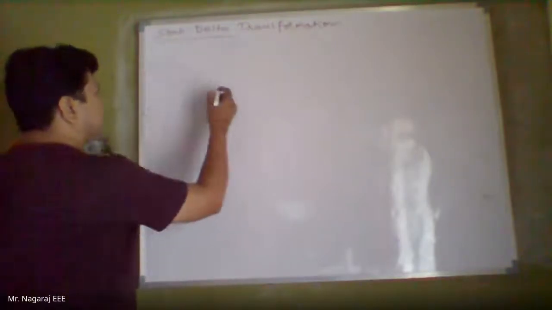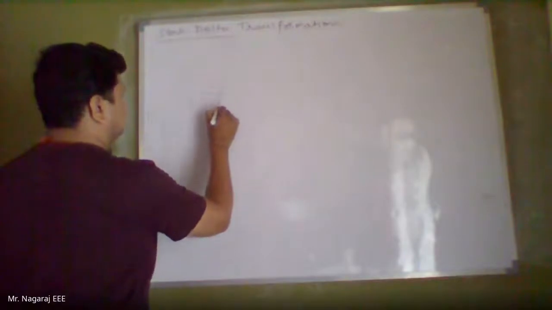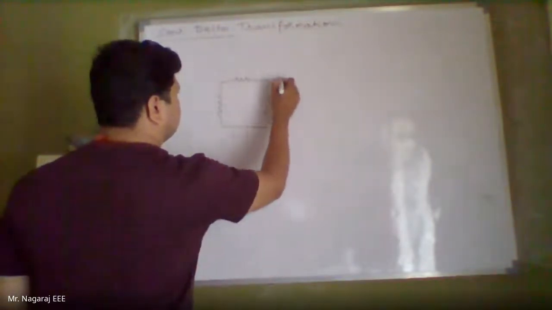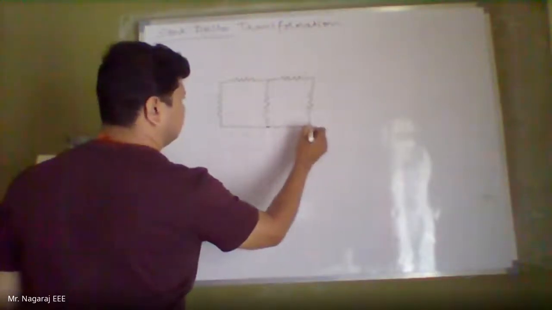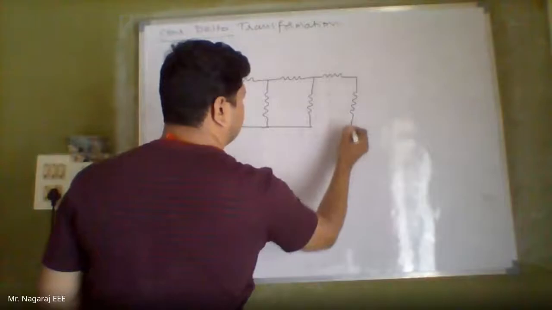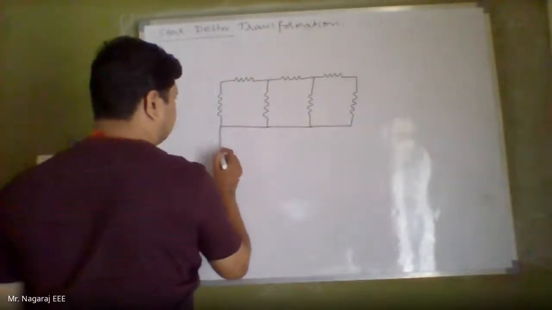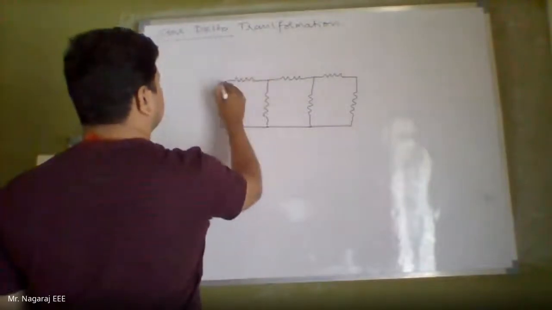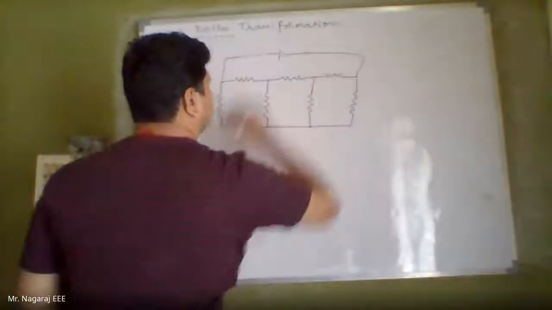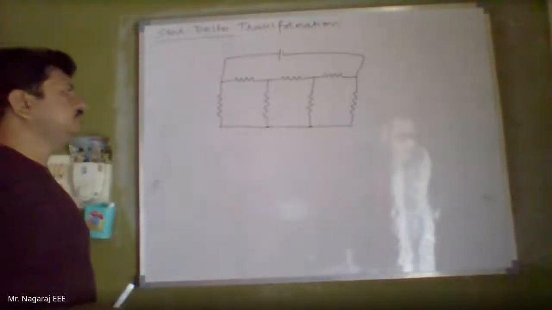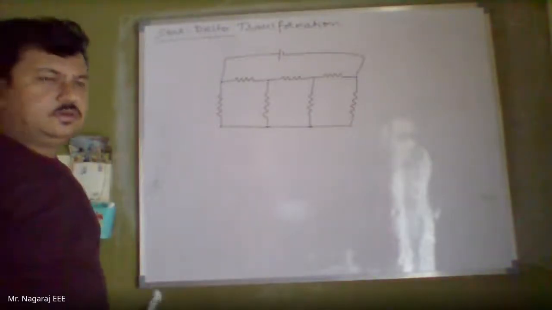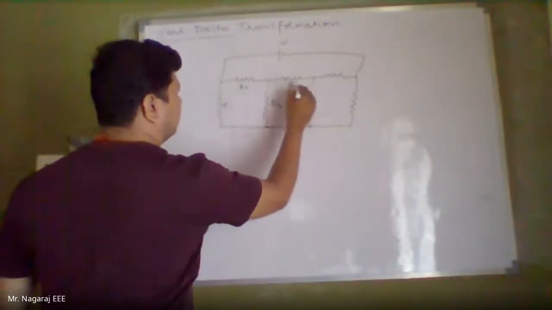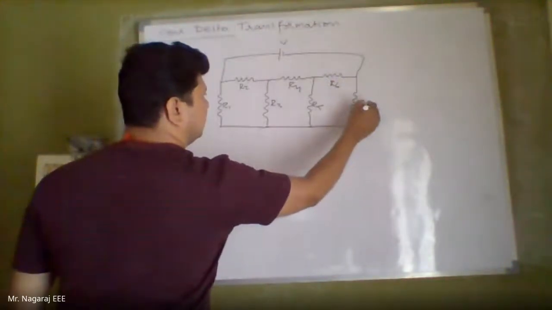Now, for example, if you take this circuit of V volts, let this be R1, R2, R3, R4, R5, R6, R7.